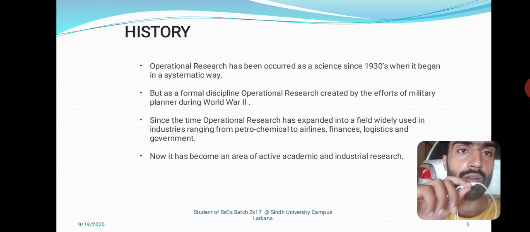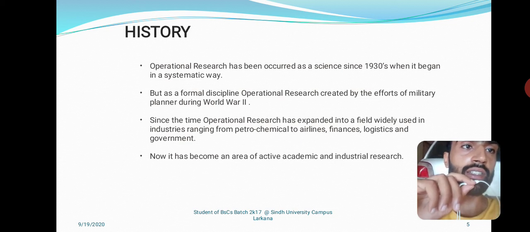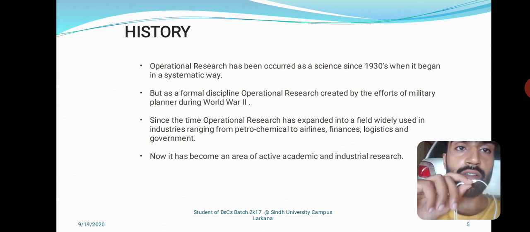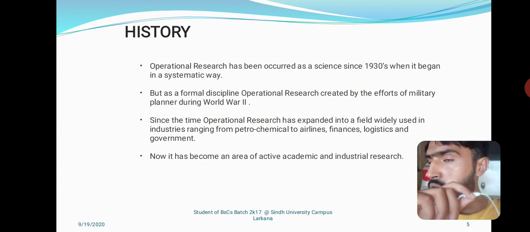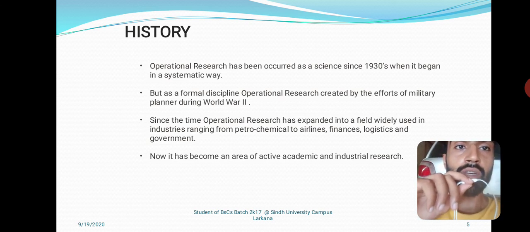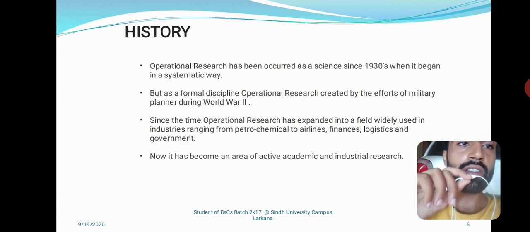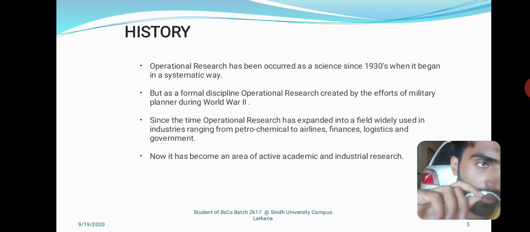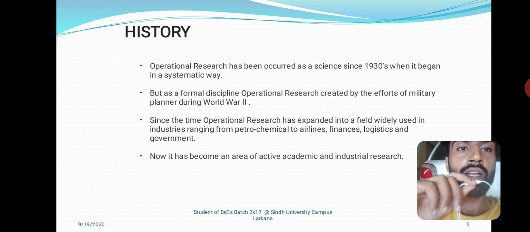History. Operational research has been around as a science since 1930, when it began in a systematic way, but as a formal discipline. Operational research was created by the efforts of military planners during World War II.